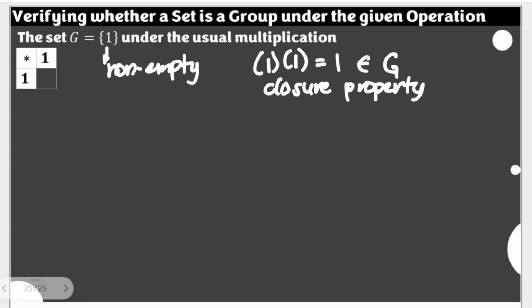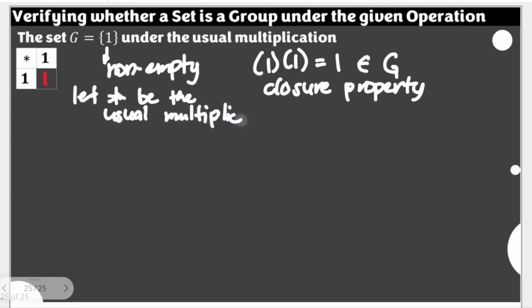But of course, this result of 1 can be placed here in our Cayley table: 1 star 1, or in this case 1 times 1, as star is our usual multiplication. I forgot to do that. Let us have it here. Let star be the usual multiplication. So we could also use the idea of star as we go through.